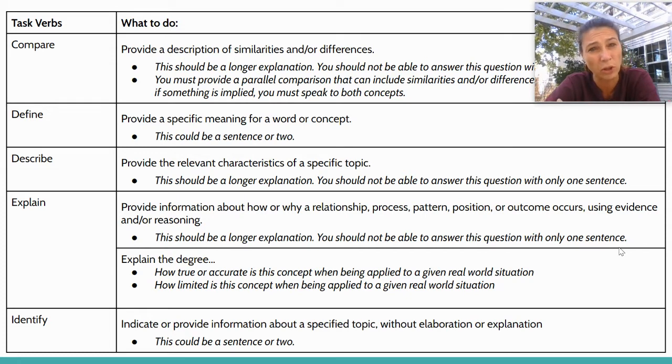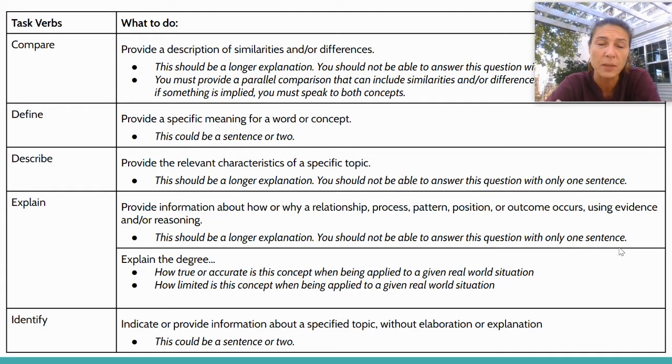But each one of the verbs has a different expectation in terms of what you have to do to demonstrate your learning. So compare is a description of the similarities and or differences. So this is a longer explanation. You can't answer this with just one sentence. And the thing that you have to remember about compare is that you have to compare both things.